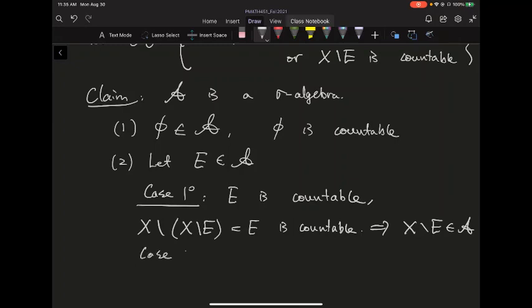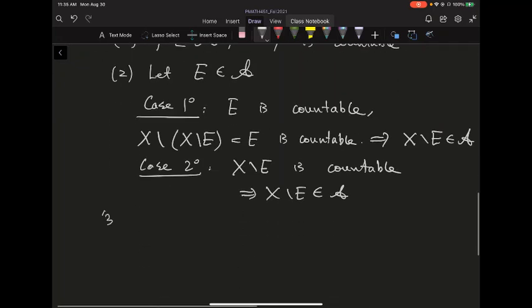So X take away E should be in A because its complement is countable. Similarly, in the second case, if X take away E is countable, because this complement is already countable and A contains all the countable sets, X take away E is in A for sure. So in either case the complement of E is in A, so A is closed under taking complement.